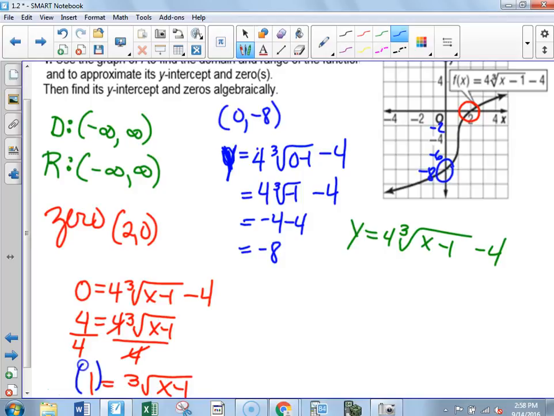What is 1 cubed and this side? 1 cubed is 1. This side cubed is just x minus 1. So it looked like a disaster, but we were able to just think about undoing and working backwards, yes? And we did find that 2 was the 0.